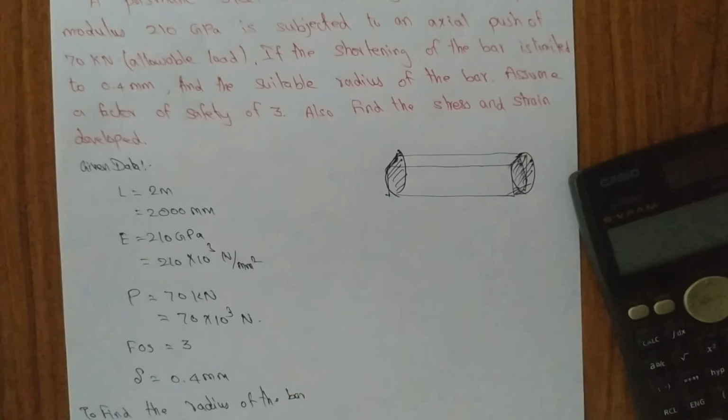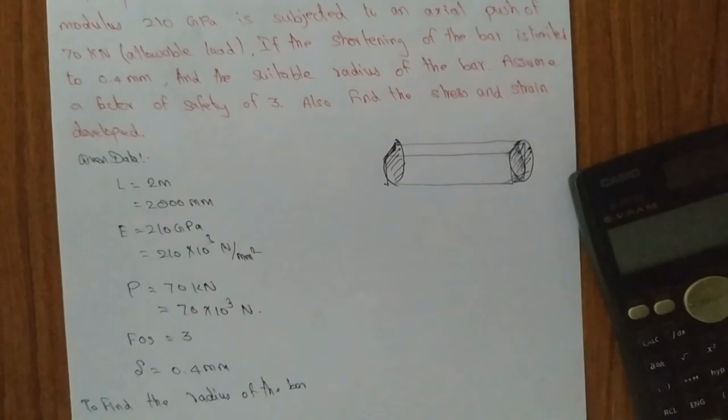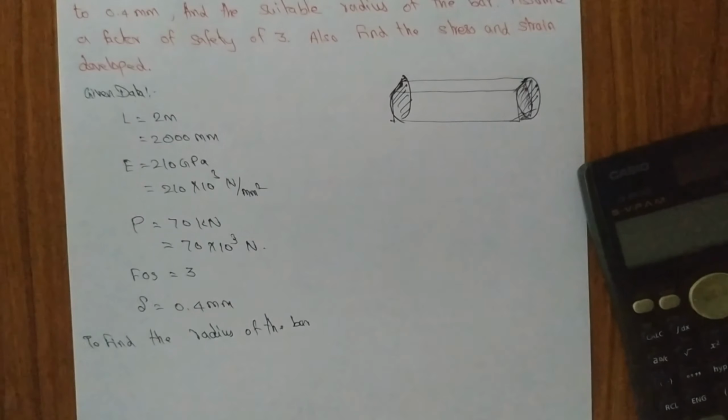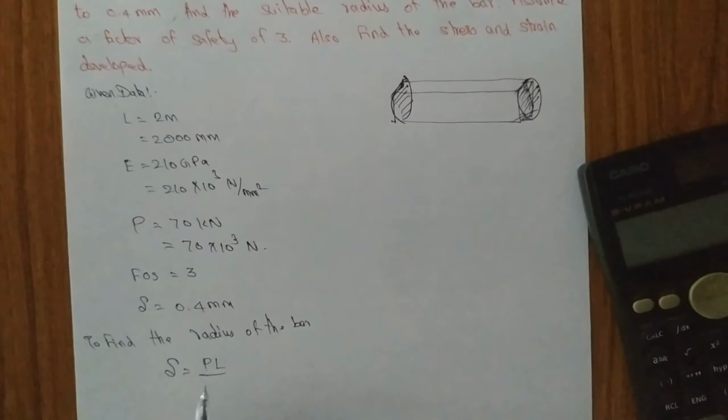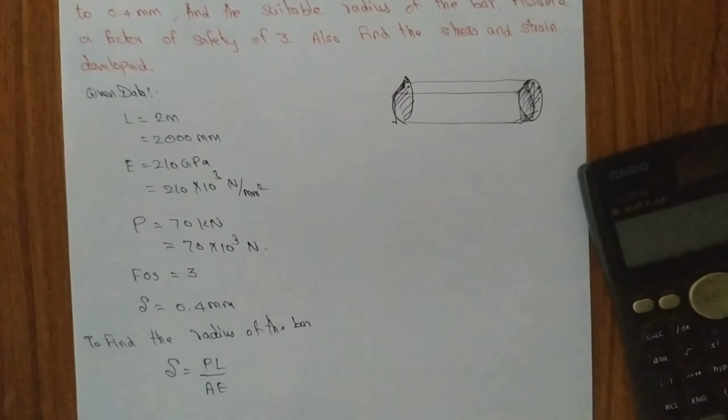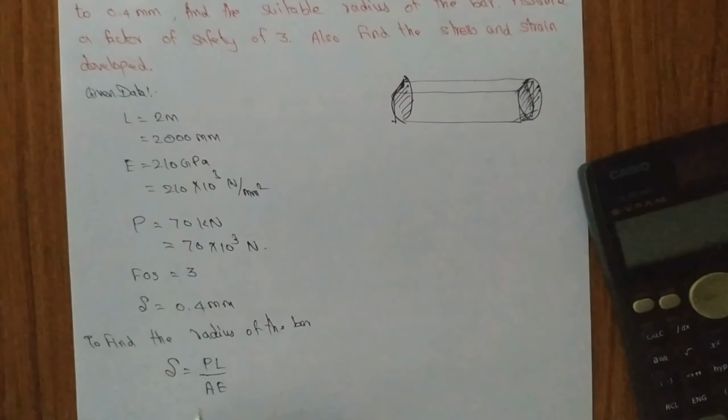Before that, we know the deflection formula due to the stiffness: deflection equals PL by AE. This we've already seen. From this we have to identify the area, since change in length, original length, load, and modulus are known. From the area we will get the diameter, and from the diameter we will get the radius.